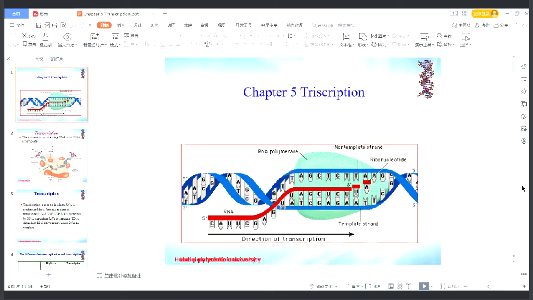Through this chapter, we will further understand every step. For example, where the transcription begins. And the process, what kind of factors, what kind of enzymes take part in the transcription.